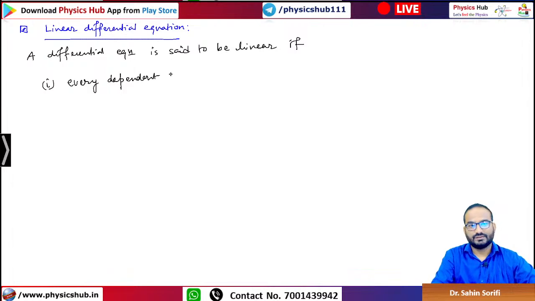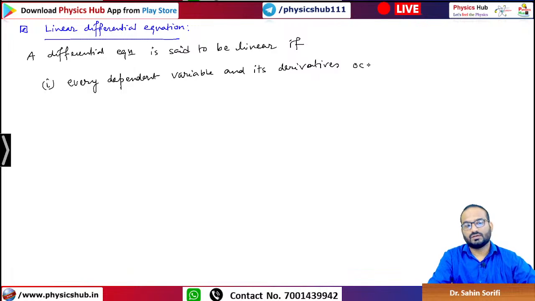Every dependent variable and its derivatives, dy dx, d square y dx square, will occur in first degree only.